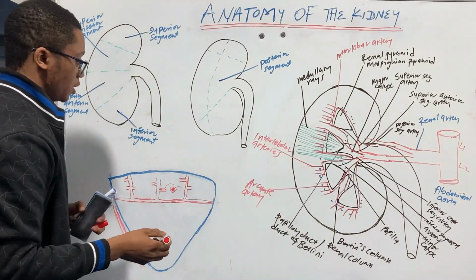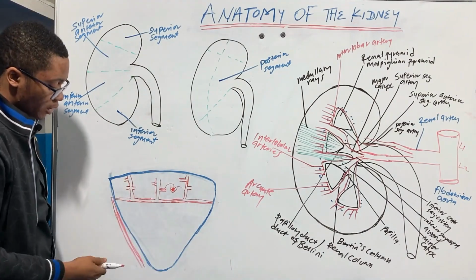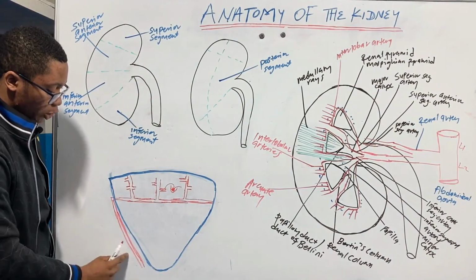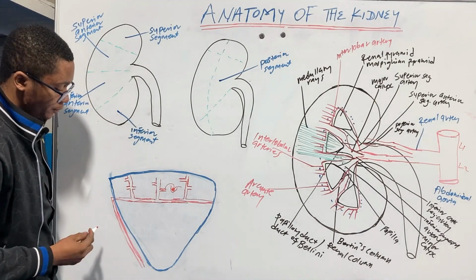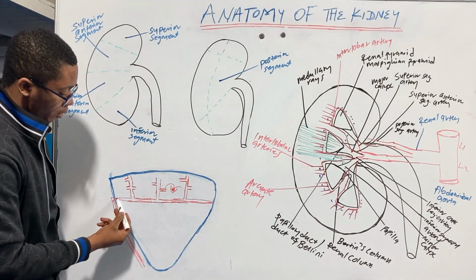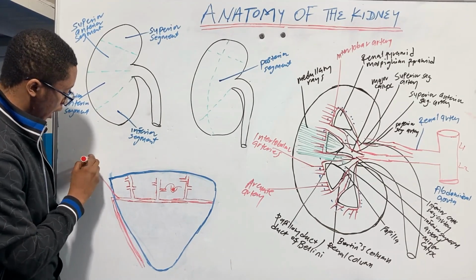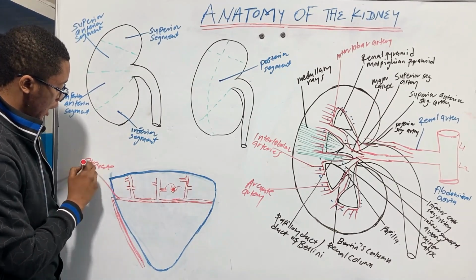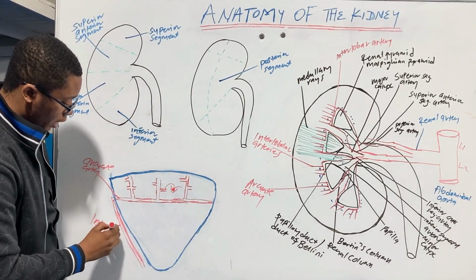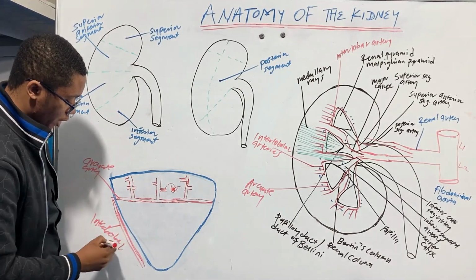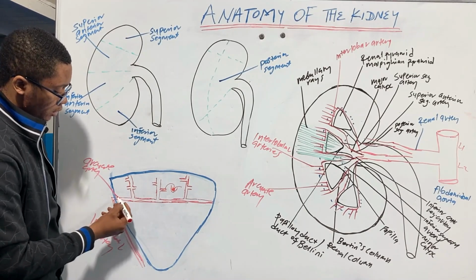Now, from this enlarged renal lobe, we can see the interlobar artery here. It continues as the arcuate artery.